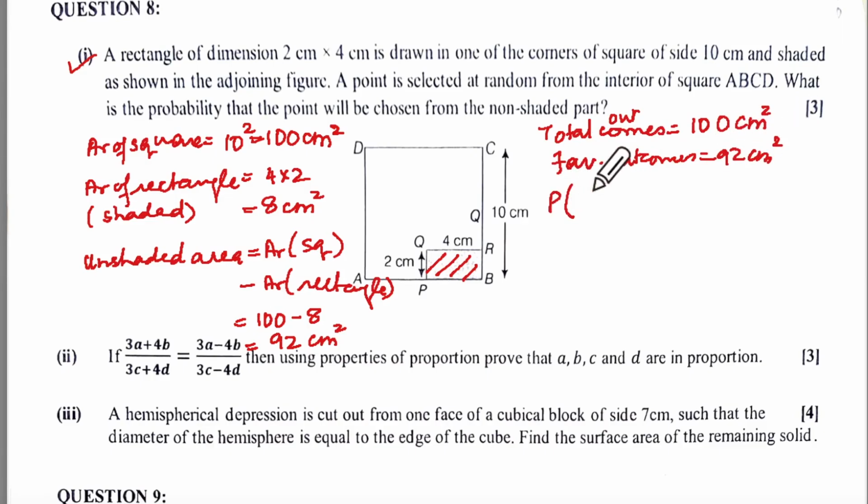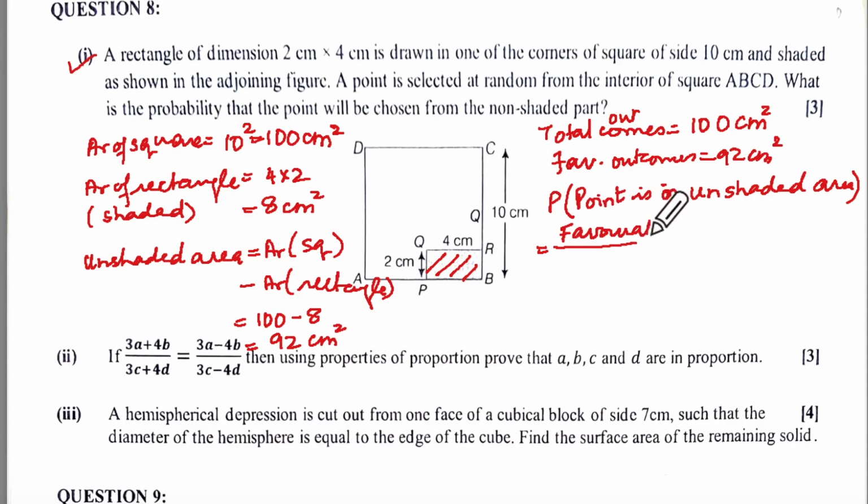So probability that the point is in unshaded area will be equal to favorable outcomes upon total number of outcomes.